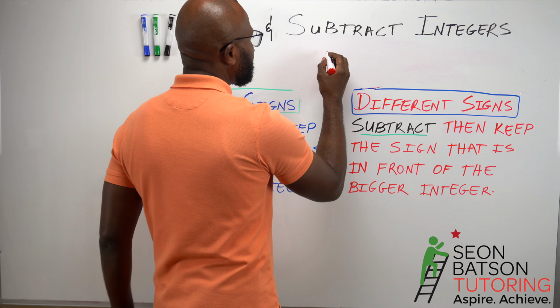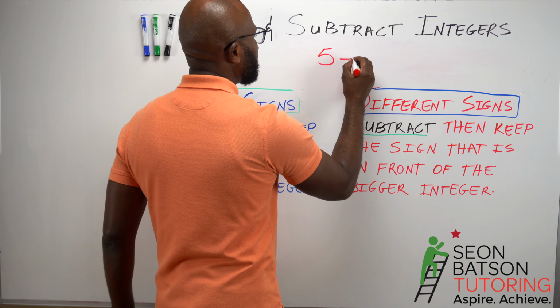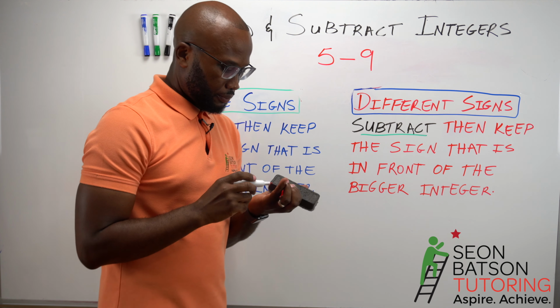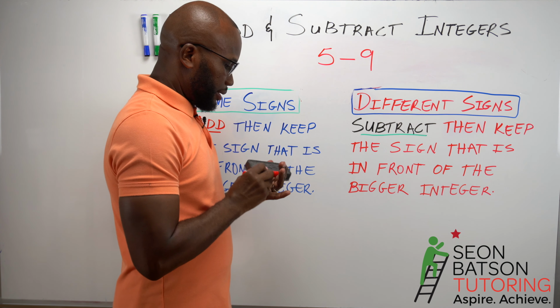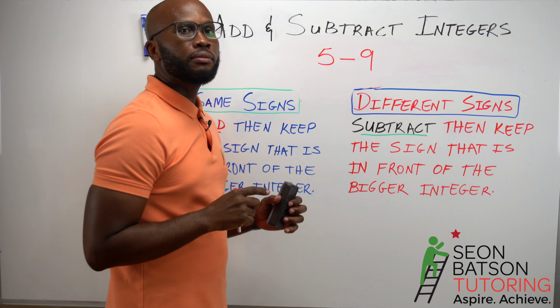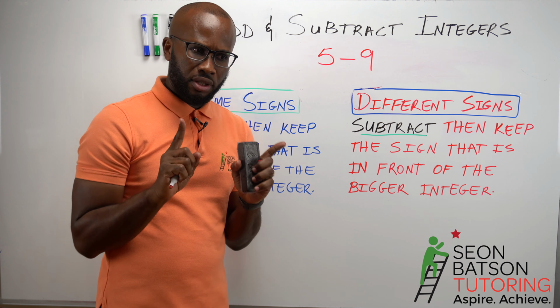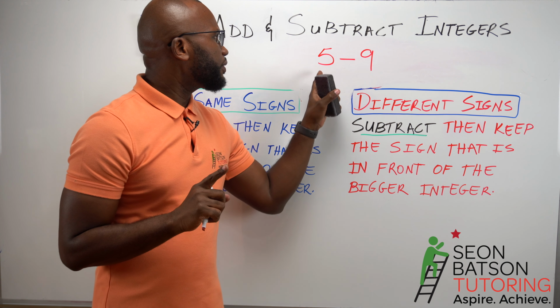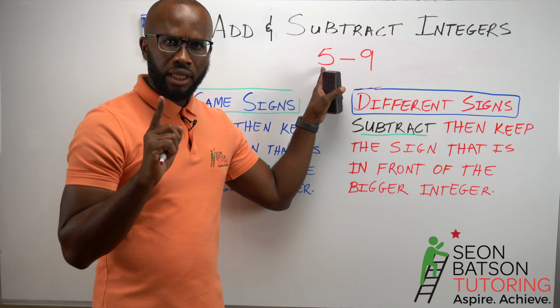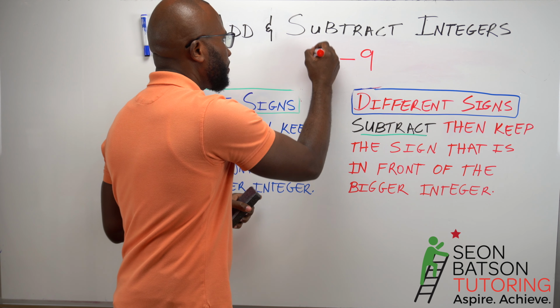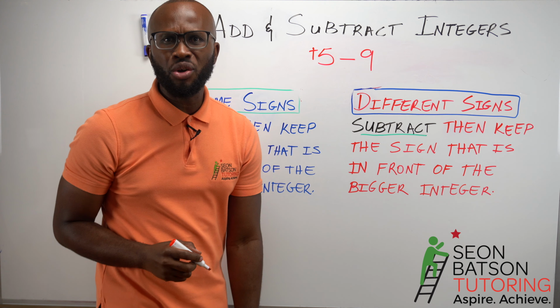What if I have 5, take, let's say, 9. If you look at the 5, there isn't a sign in front of the 5. So always remember this rule right here. If there isn't a sign in front of an integer, automatically you should know that there's a positive sign hiding in the shadows.